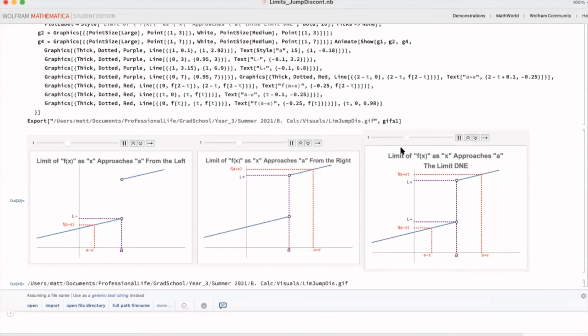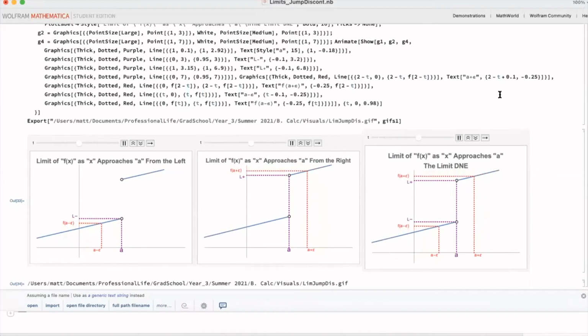Now to help build some intuition, let's say we have a jump discontinuity like this. So a function that goes from one thing and jumps way up to another thing. Notice when we come in from the left, we approach L negative. But when we approach from the right, we approach L positive.